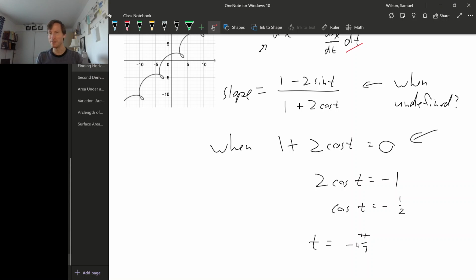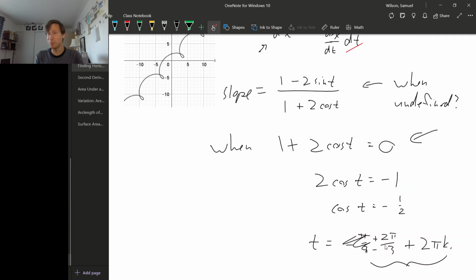So it's not, I'm sorry, it's not minus pi over 3. It's 2 pi over 3. There we go. And then if we find any solution, we can flip the sign and we get another solution because cosine is even. But also we can add any multiple of the period, so plus 2 pi k. So this is all t values where the tangent line is vertical.